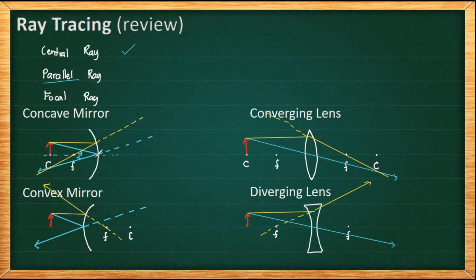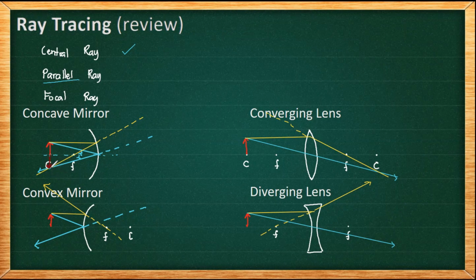So just from two rays, we can already see an intersection. The intersection would tell you the head of your image, which means that since you have an intersection here, the image will be here.